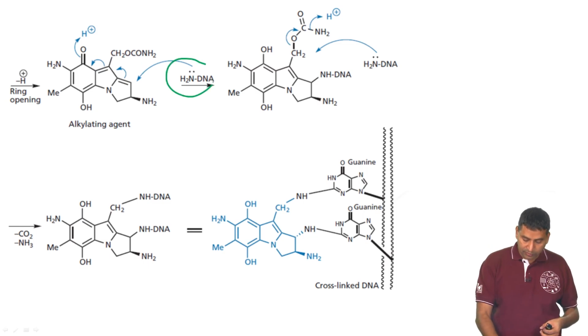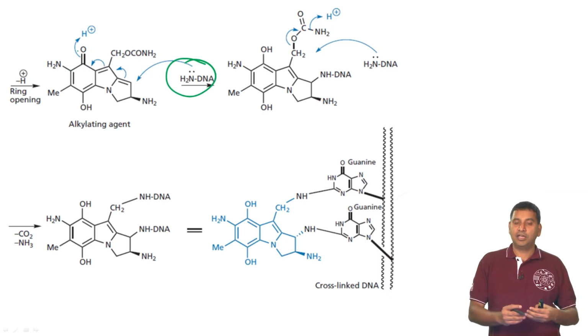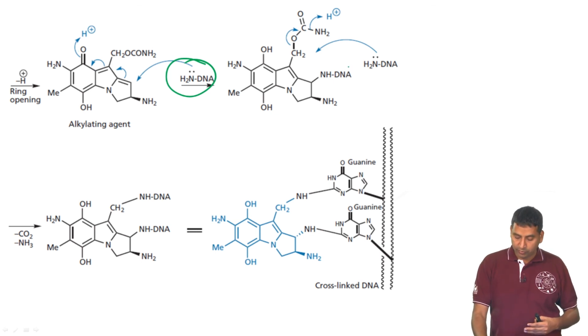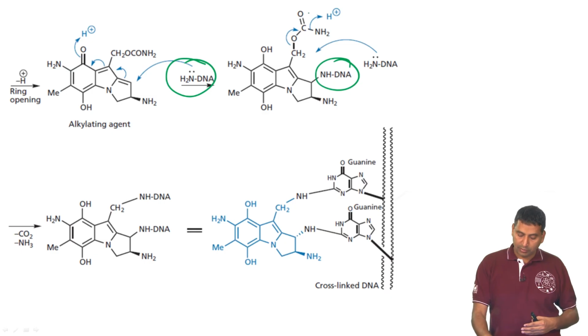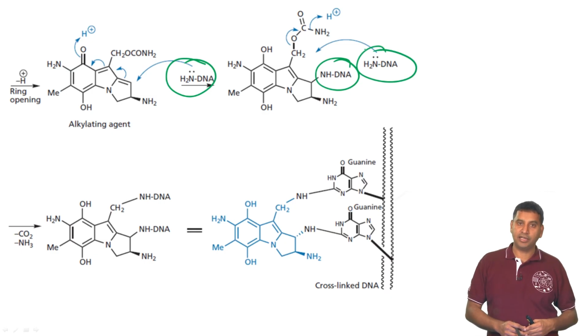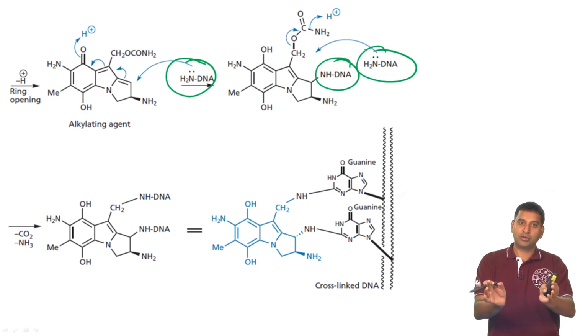So, as you can see here, the amine can attack over here, and this is like a Michael reaction, but it is not really a Michael reaction, and eventually forms this covalent adduct. One more round of loss of carbon dioxide and an amine generates the second site for attack by DNA, and this is how mitomycin can cross link.